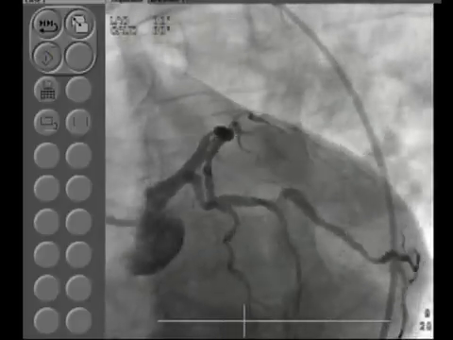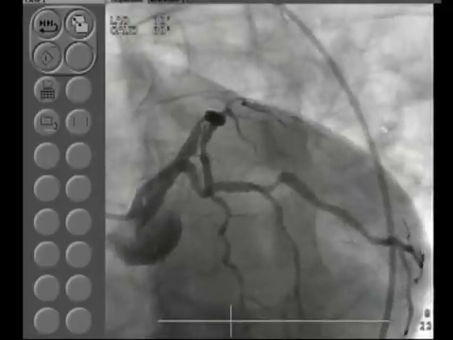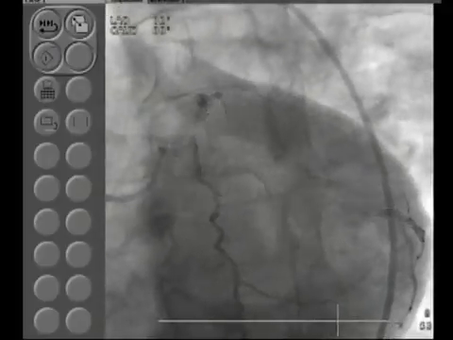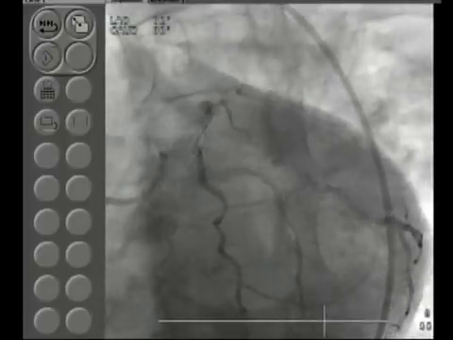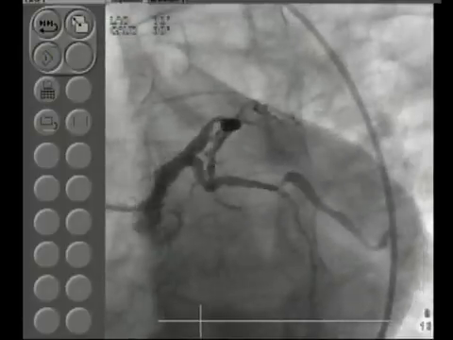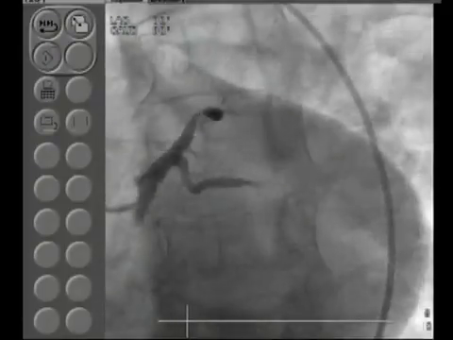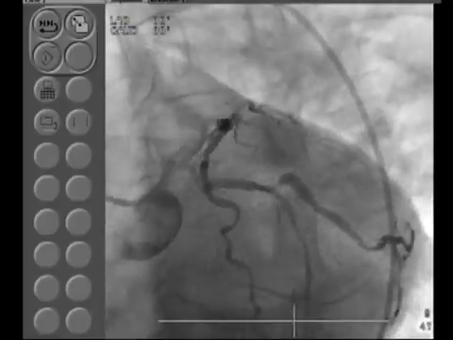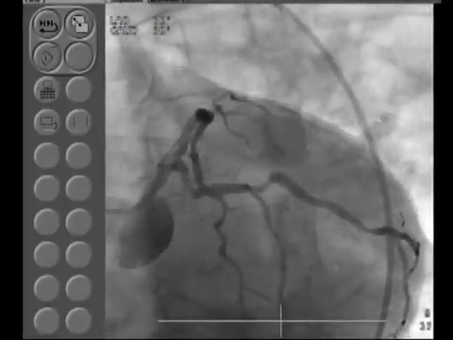If you see in this view, moderate size and moderate disease, but you have an OM, again an angulated takeoff with about 80% lesion in the ostium, and it's a large size vessel. And this is what we are facing with this patient: an eccentric calcific proximal LAD and an eccentric lesion in the OM1.